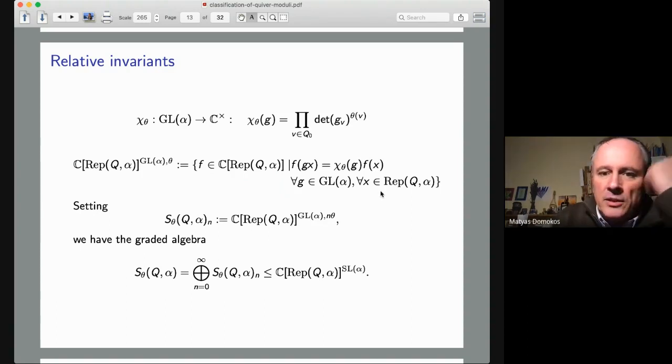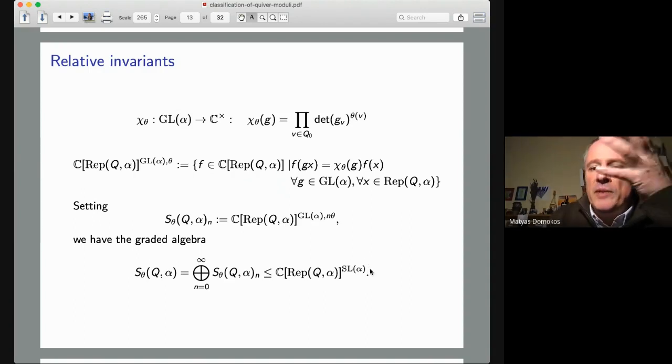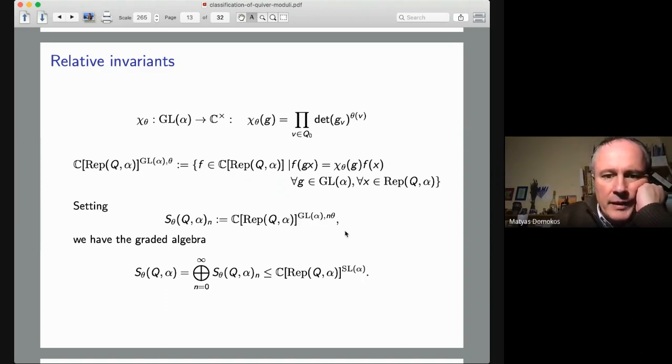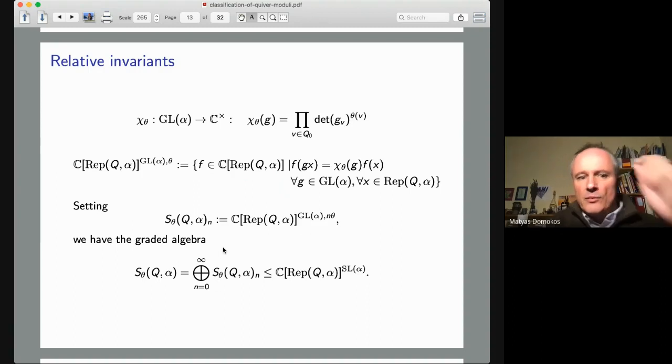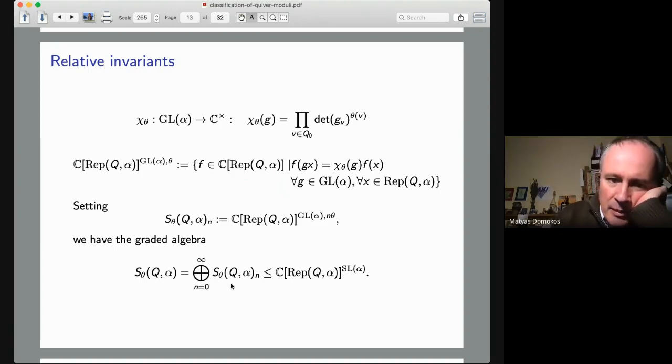So such a relative invariant is an absolute invariant for the commutator subgroup of the base change group, which is just a product of special linear groups. And if we take the subspaces of relative invariants whose weight is n times theta for n equals 0, 1, 2, and so on to infinity, the sum of those subspaces, which is of course direct, is a subalgebra of the algebra of SL alpha invariants.